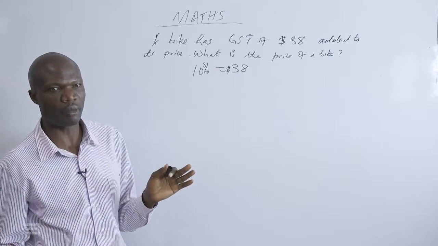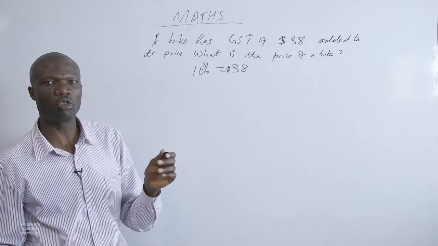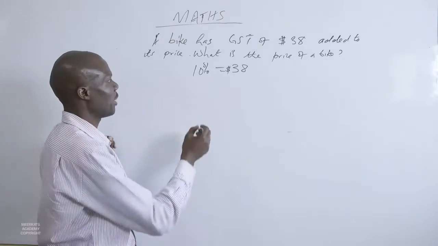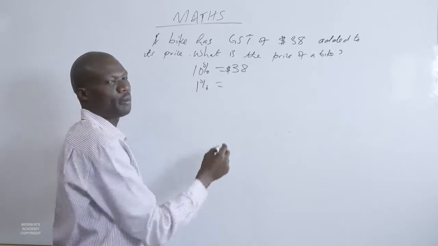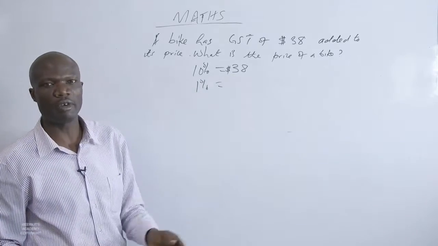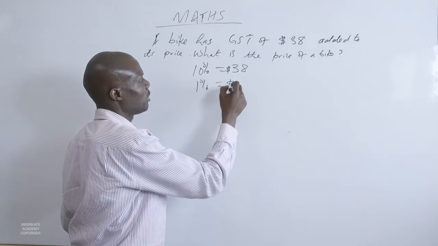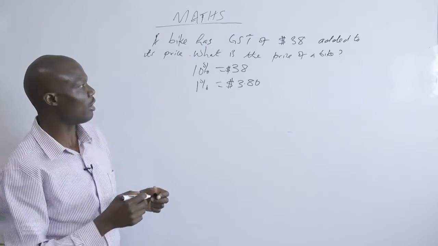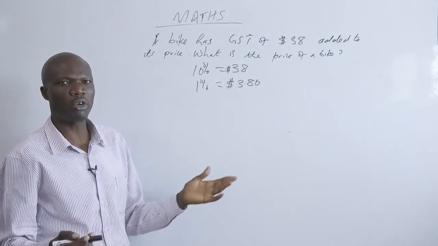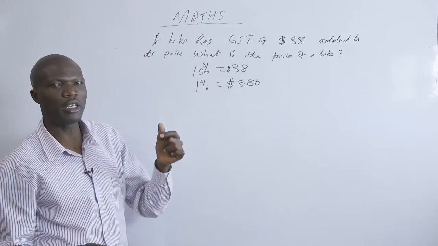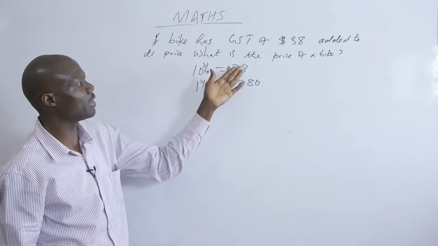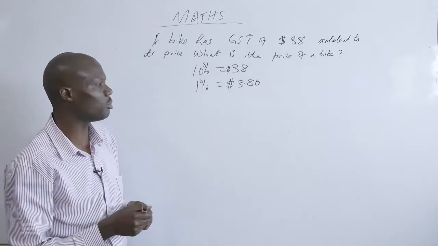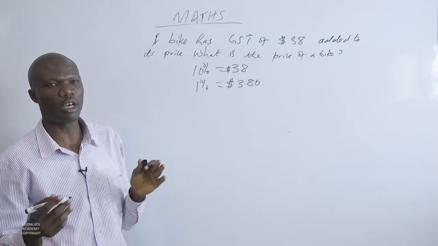If I use the unitary method, then I'll simply look for 1%. What does 1% represent? You realize that 1% represents 38 divided by 10, which is equivalent to $3.80. Now, our interest was to find what? Our interest was to find the price of the bike. So we first look at the cost. The cost itself would be 100%.